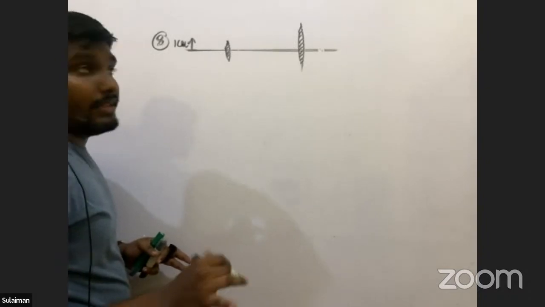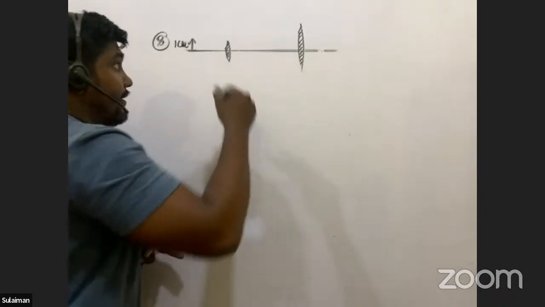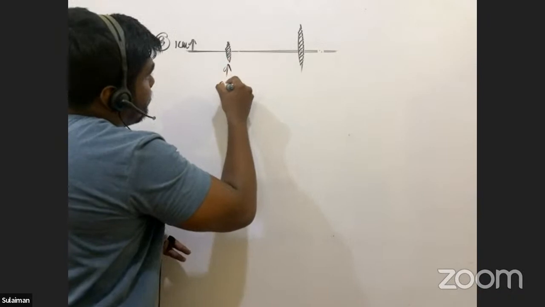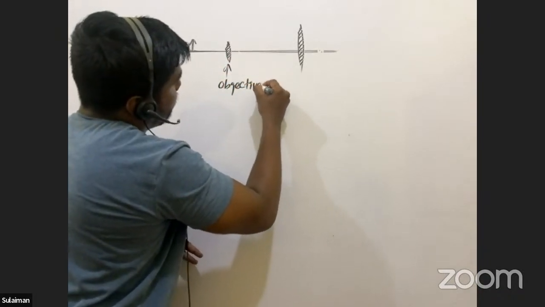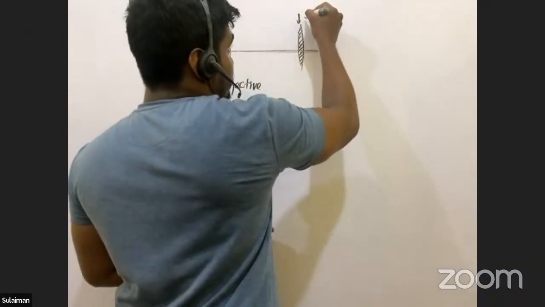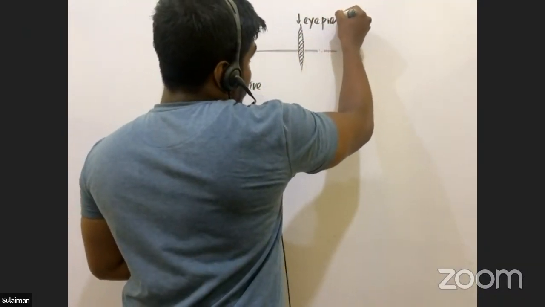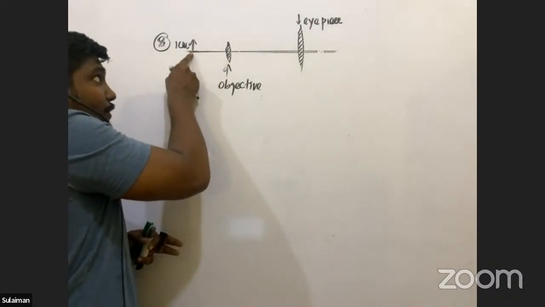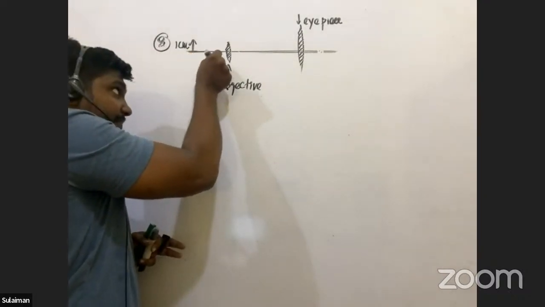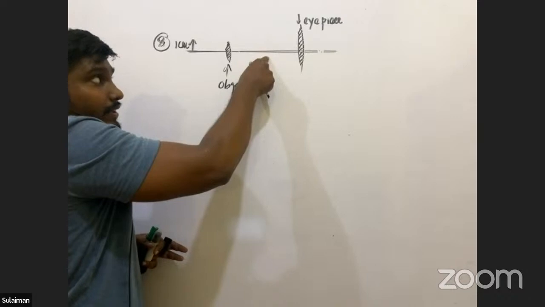So this objective lens takes this as the object and produces an image somewhere here.